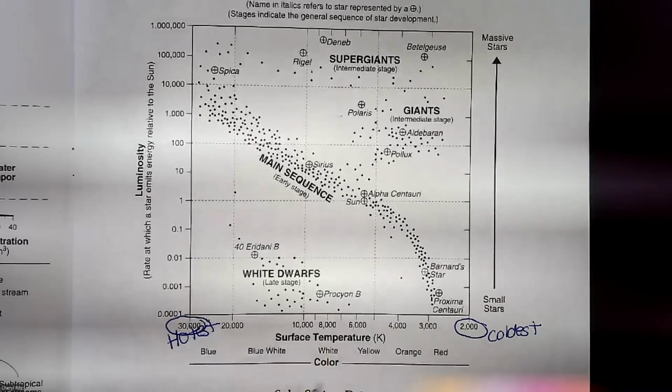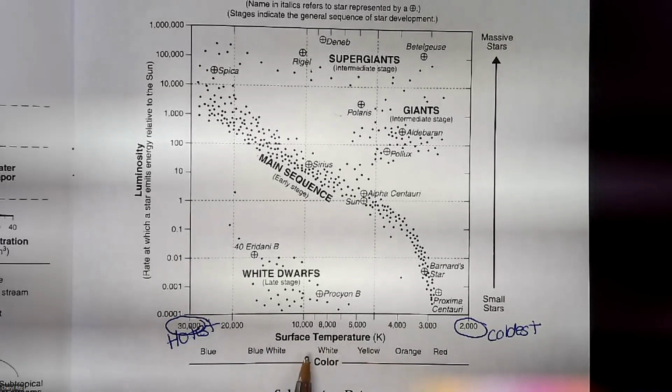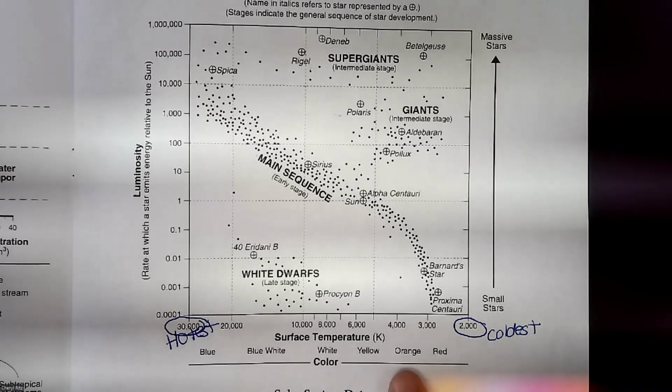Now notice along with temperature, they're also talking about color. Think about a fire. Do fires come in different temperatures or different colors? You can make them. One reason fires are different colors is because the materials they're using burn hotter or colder. A wood fire, what color are those flames? Orange. They're typically in the red and orange side.